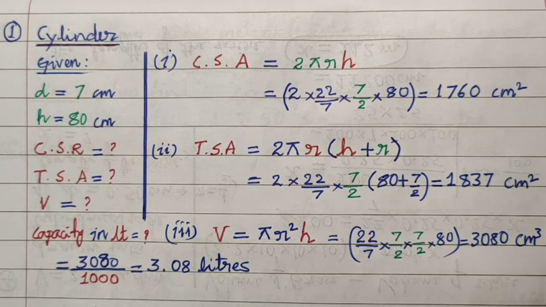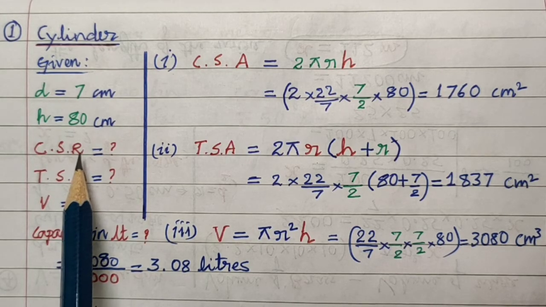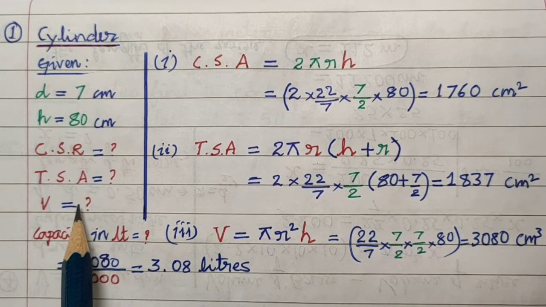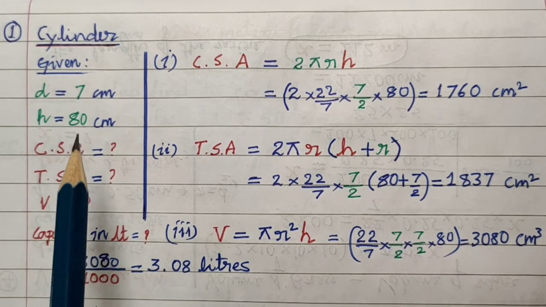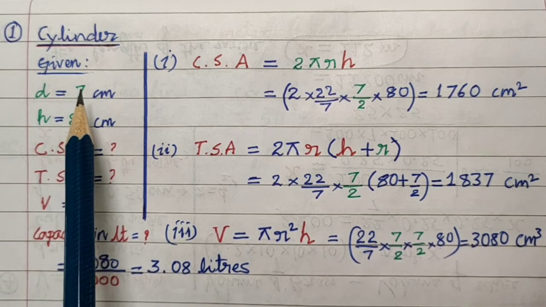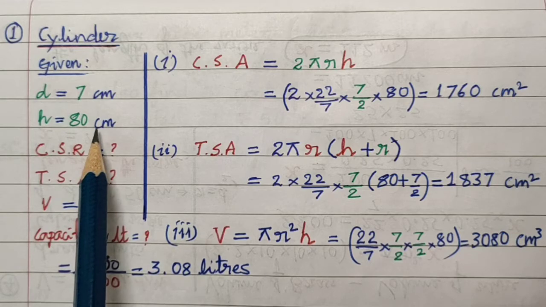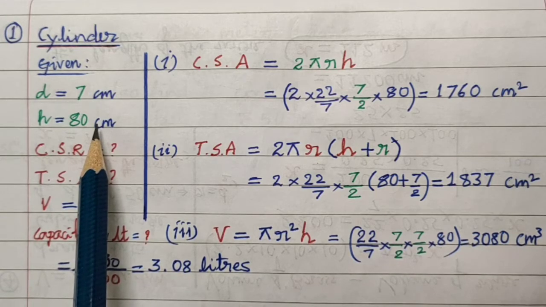Find the curved surface area, total surface area and volume of a cylinder if the diameter of the cylinder is given as 7 cm and the height of the cylinder is given as 80 cm. Find its capacity in liters.